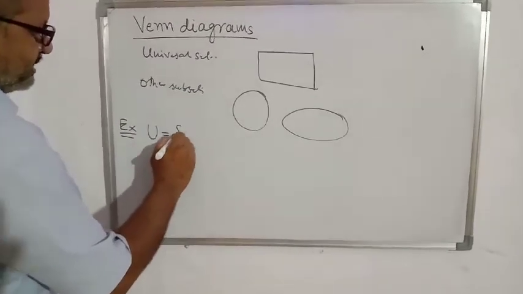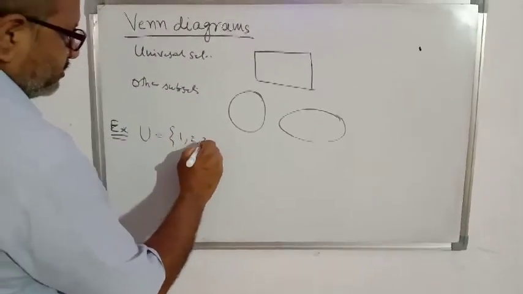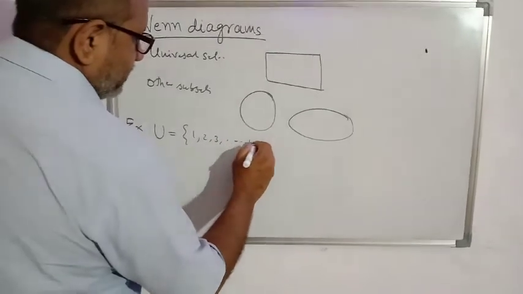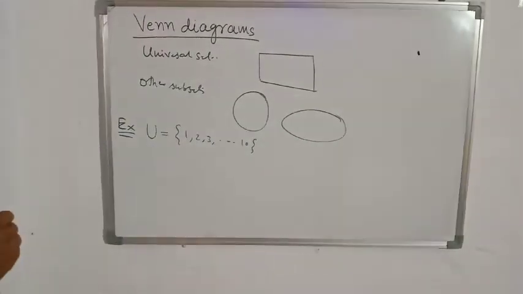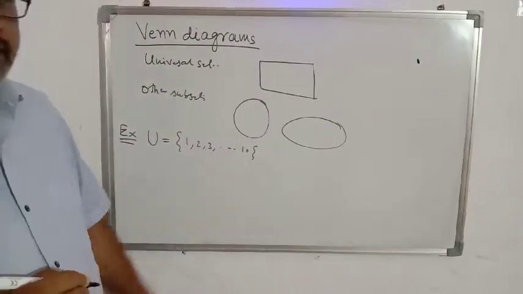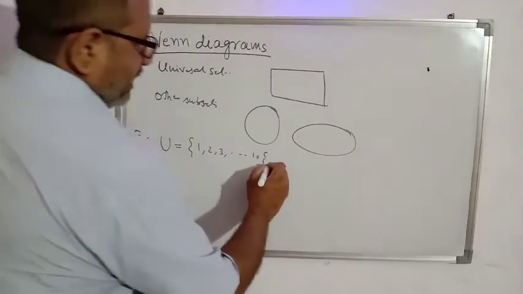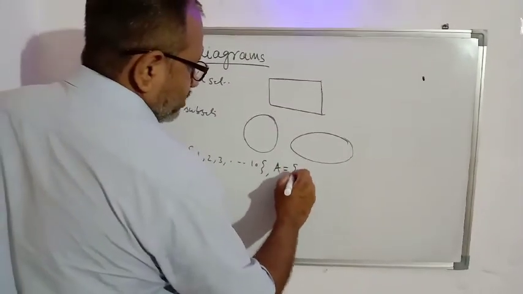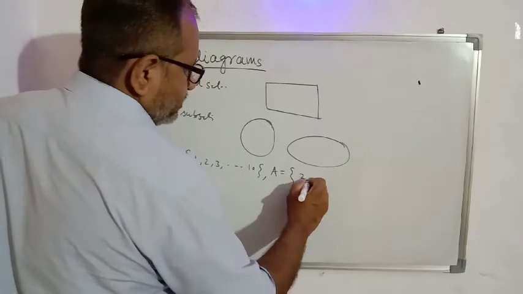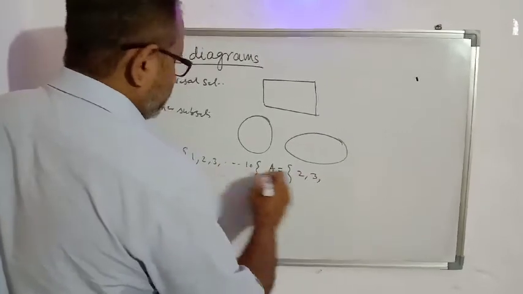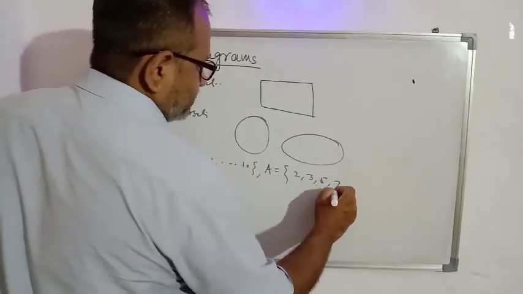Suppose the universal set is from 1 to 10, and set A is all the prime numbers: 2, 3, 5, 7.